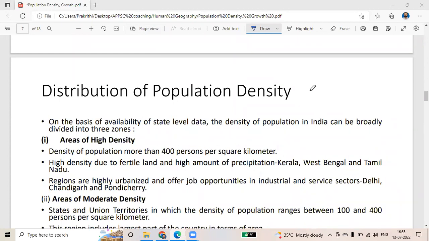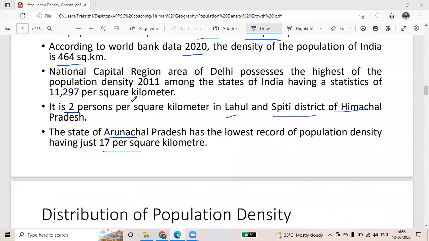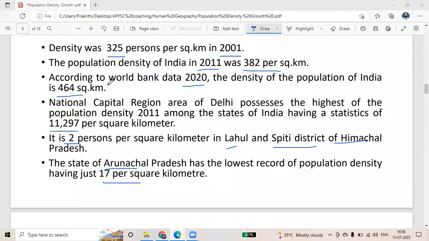2020 का data is not from India. It is the data I have given it of World Bank. So we can rely on that, but you can't expect question like this. 2020 का population density of India ऐसा question कभी भी नहीं पूछेगा, क्योंकि for India, we are depending directly on census of India.